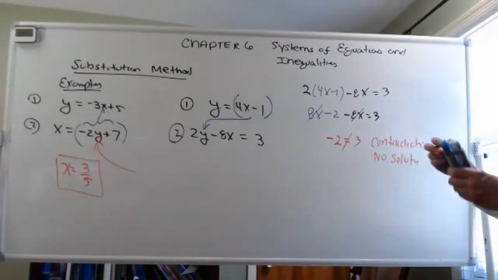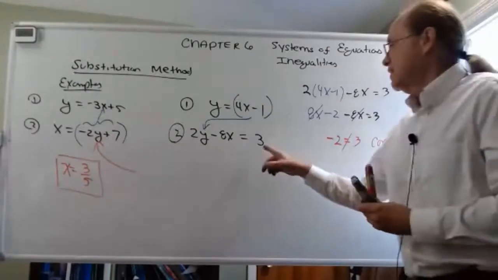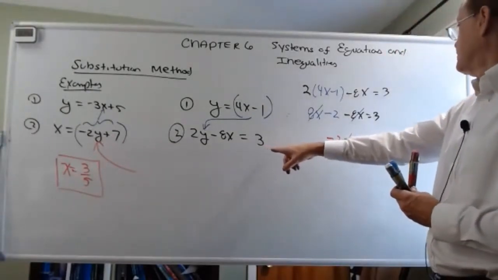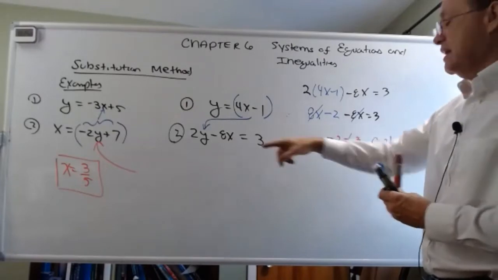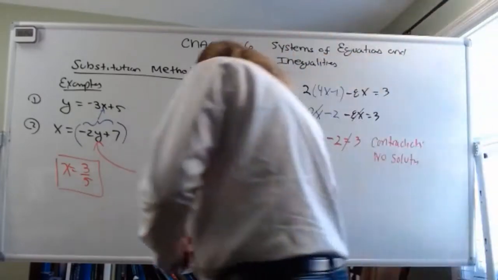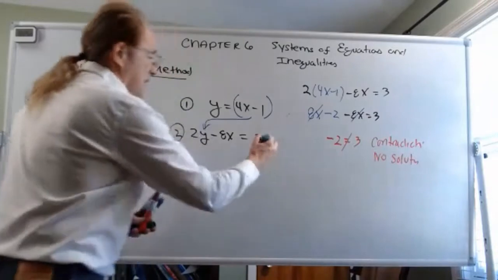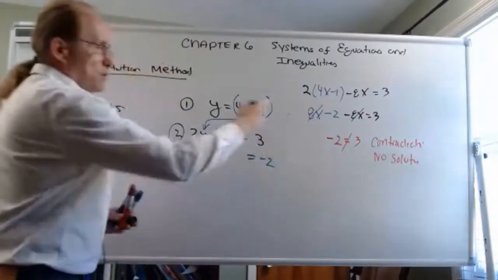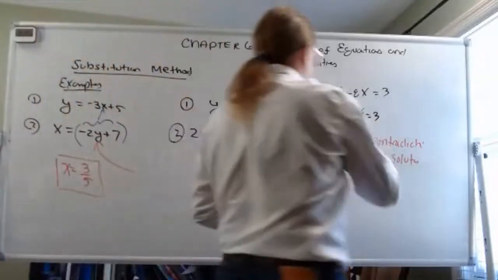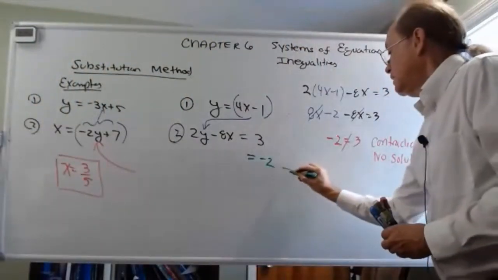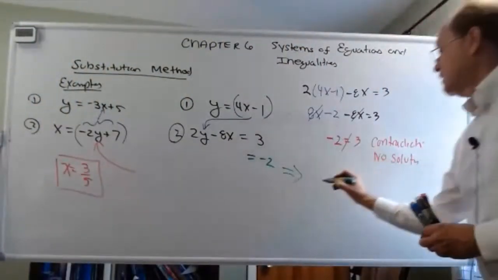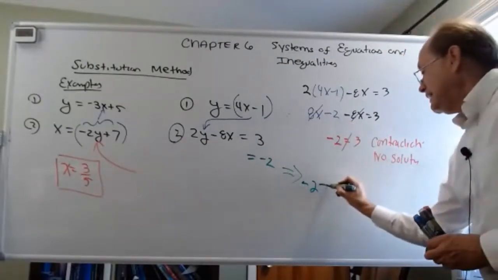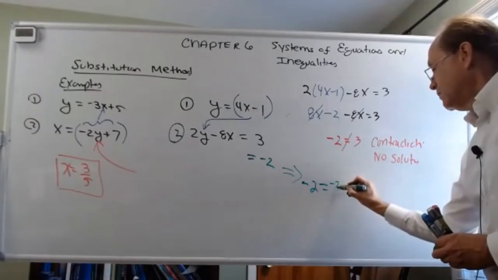Now, what if I just change that very slightly? Instead of this having to be a 3 over here, I just had this be a negative 2. So instead of this result, I had equal to a negative 2. Then what would have happened? Well, I would have gotten negative 2 on the left-hand side is equal to negative 2.